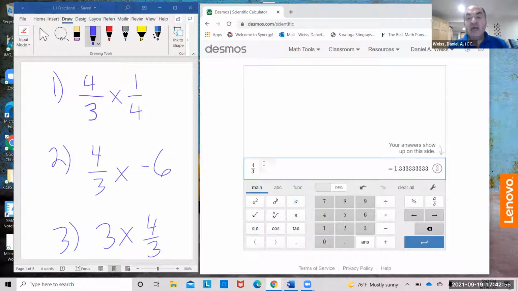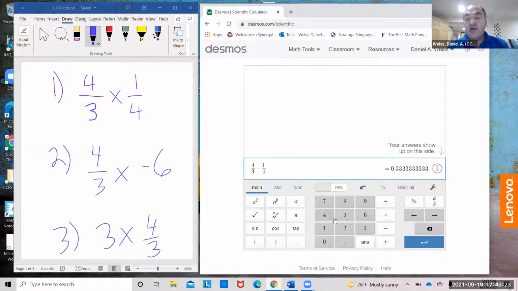Do you see how already there's something over here like an answer, because 4/3 actually equals this number. Don't worry about that yet. I'm going to hit times, and then I'm going to hit this fraction again. And I'm going to type 1 on top, 4 on the bottom.